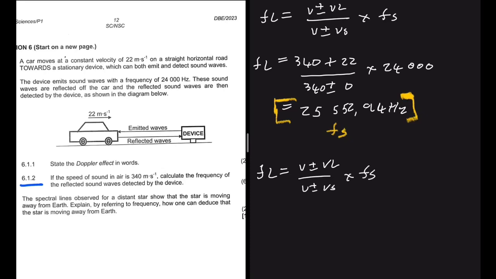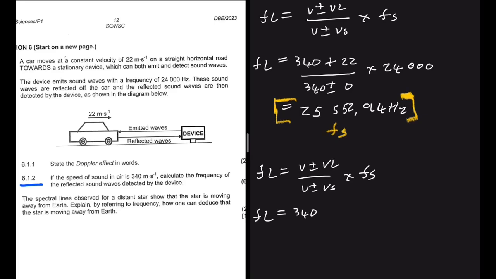So what is FL? FL is what we're looking for, the frequency that is detected by the device after it has been reflected. That will be equal to 340, and now our listener is the device.